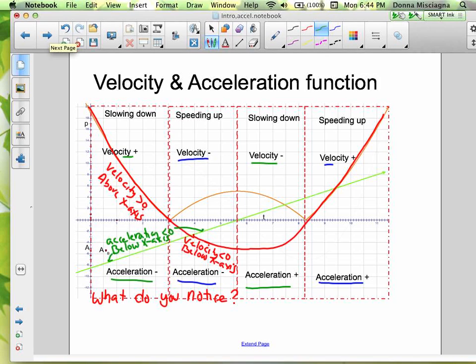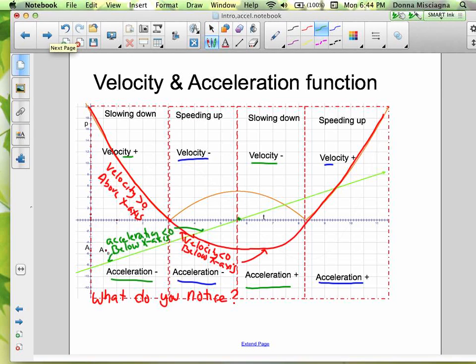Now let's look from t equals 5.5 till t equals maybe 8.2. Velocity is still negative. It's still below the x-axis. There's no change here in our velocity. But the acceleration is now positive.